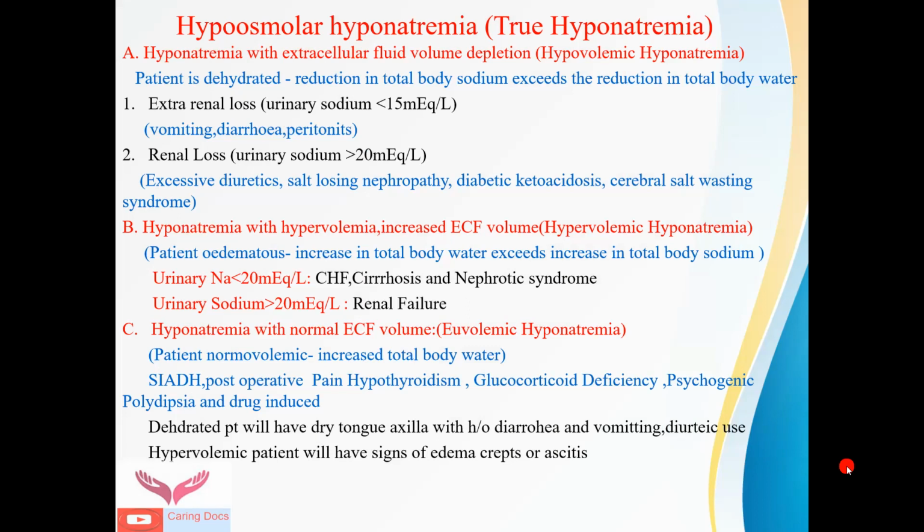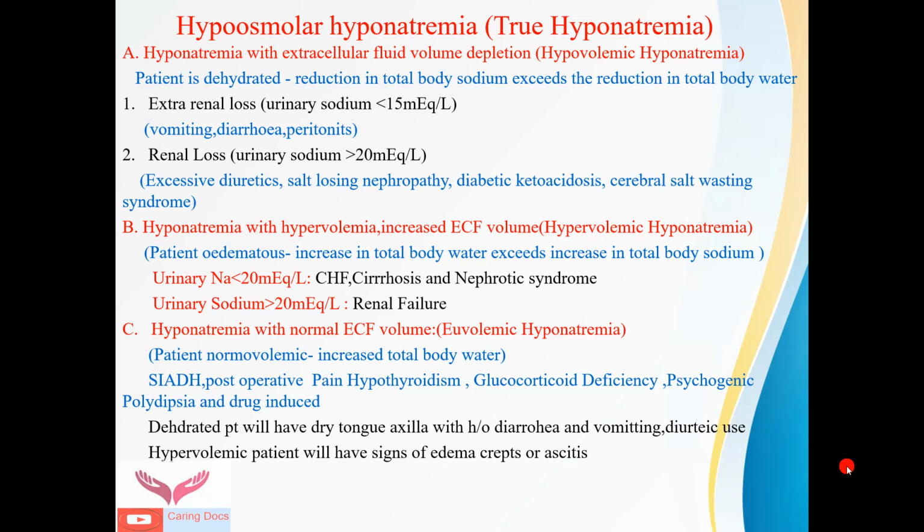So coming to true hyponatremia, that is hypoosmolar hyponatremia, as we discussed in initial slides, we divide these patients into three categories depending upon the volume status of the patient. So the first is hyponatremia with extracellular fluid volume depletion, or we can say hyponatremia with low fluid volume status, or hypovolemic hyponatremia.